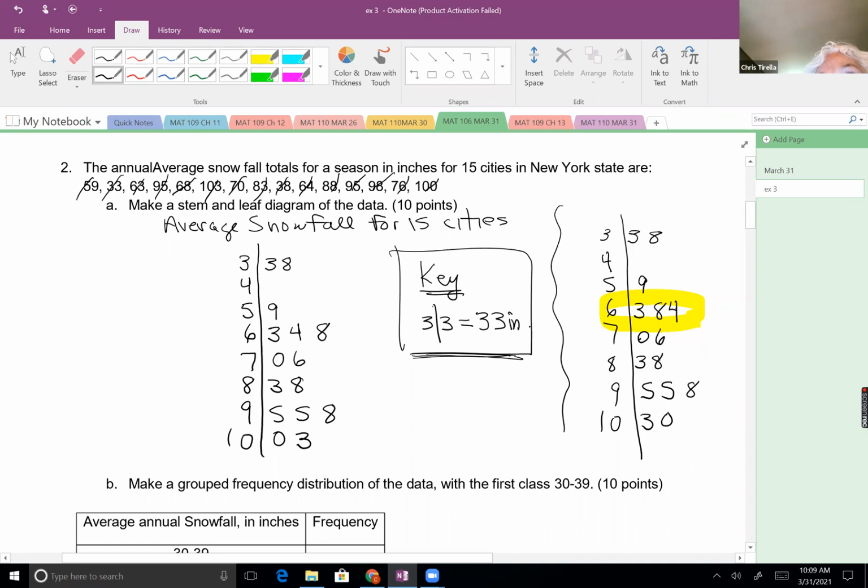And so putting something like this, saying that 3/3 means 33, helps people read it and also gives you some idea of what place value your 2-digit numbers are. It's just going through and picking any one of the data values and saying, okay, that 3/3, in case you weren't aware, that means the number 33, and that we're doing it in inches. Okay.